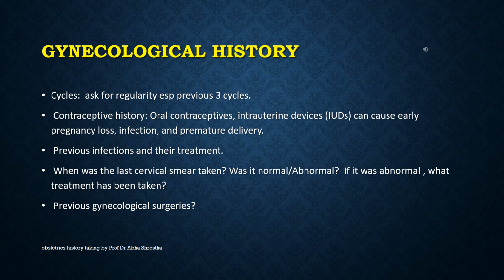If it was abnormal, what was the treatment taken then? And we should also ask about previous gynecological surgeries like oophorectomy, cystectomy, myomectomy, hysterotomy, because this is very important to plan how to proceed with the present pregnancy.